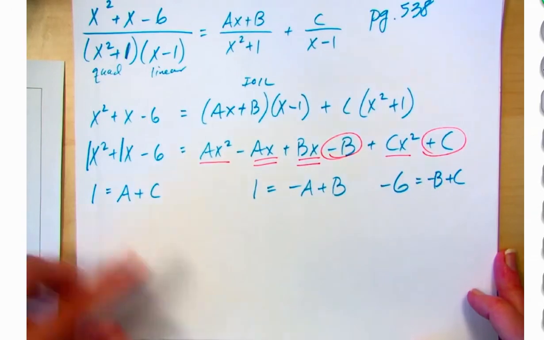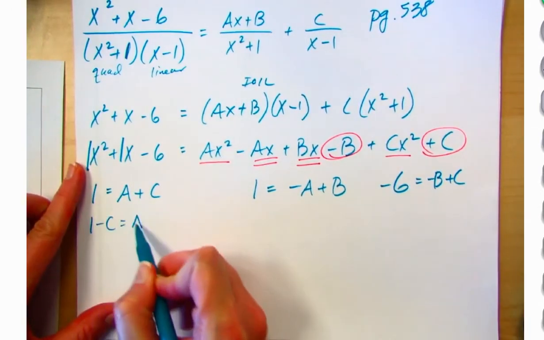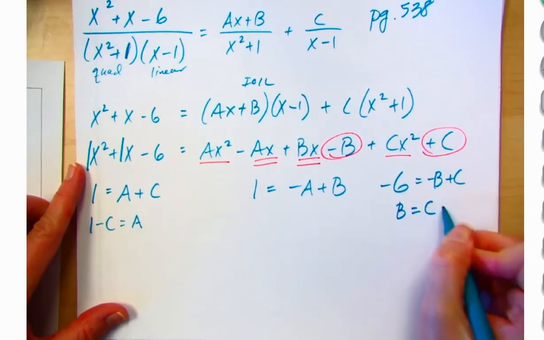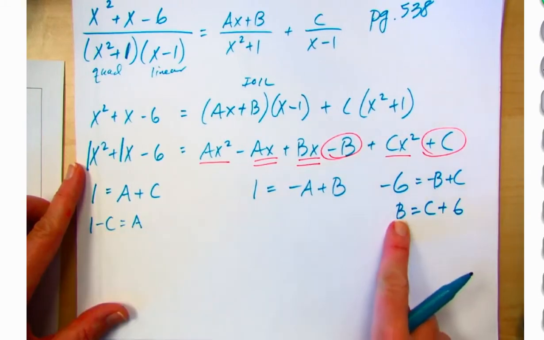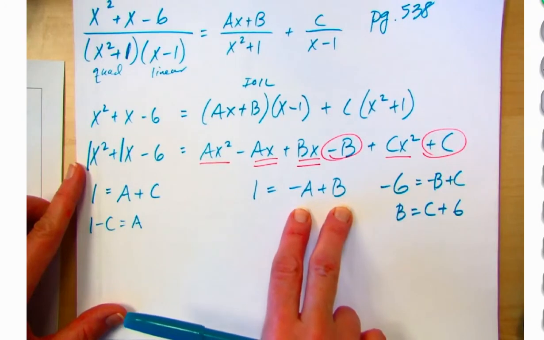I can solve this one for a, so 1 minus c equals a. I can solve this one for b, and look what I've got. A in terms of c, b in terms of c. So I can plug them both in there and I'll have the whole thing in terms of c and I can solve for c.